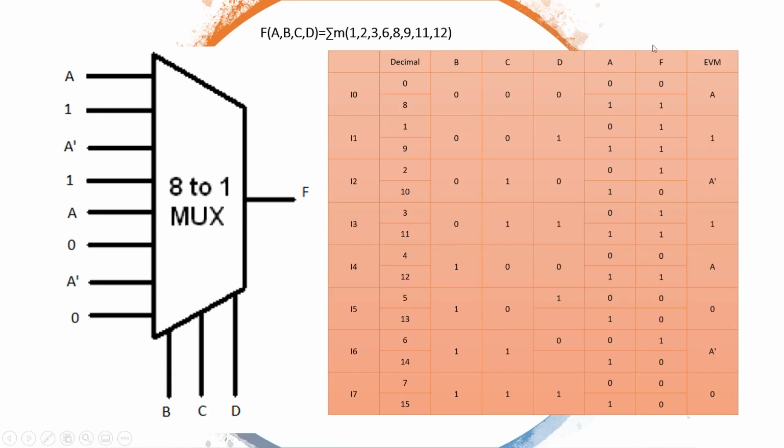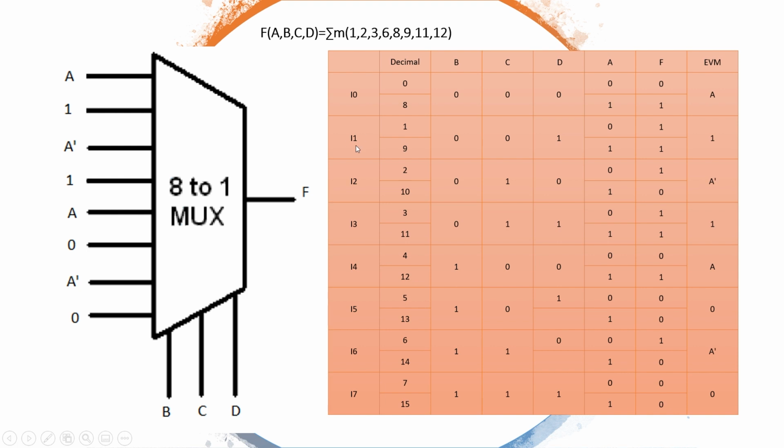Okay, now, the table on the right is the table that my colleague did in the previous question. I have labeled it I0, I1, I2, I3 till I7 here to indicate that the first EVM is actually in I0, or the first input.